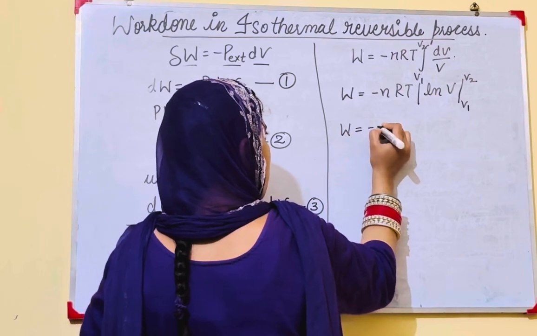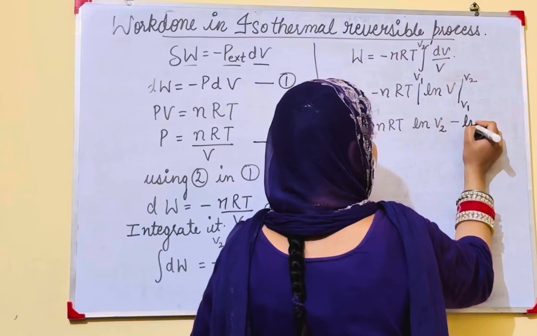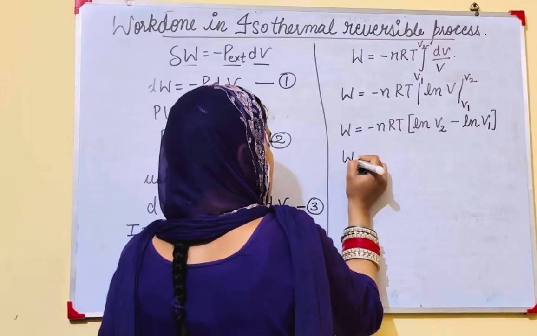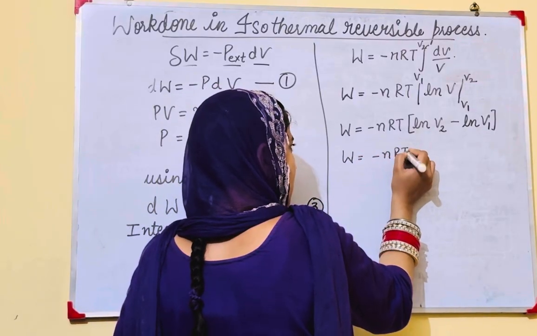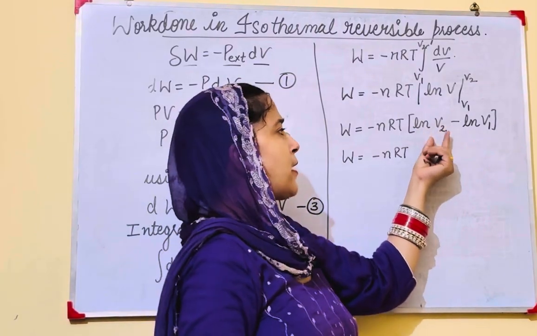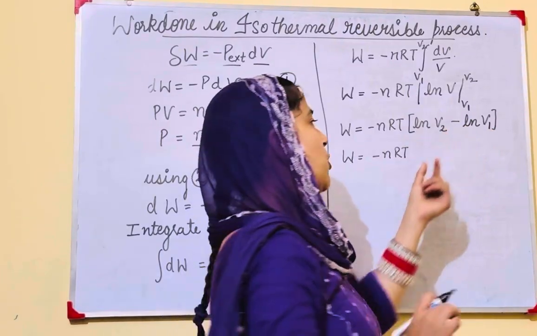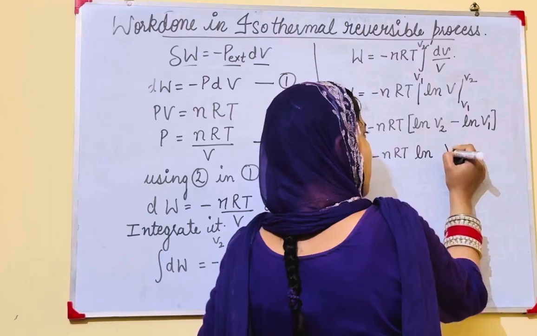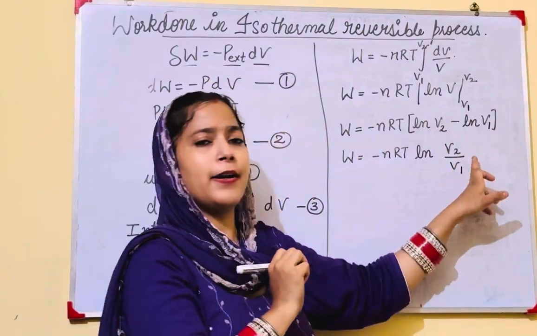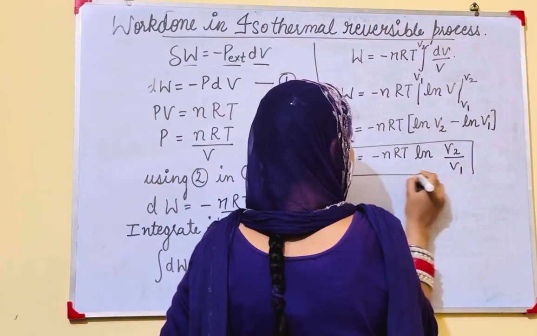After this, W is equal to minus nRT log V2 minus log V1. You have also learned in mathematics that when two log terms are in subtraction, we can write it as log V2 divided by V1. This is the final expression for work done.